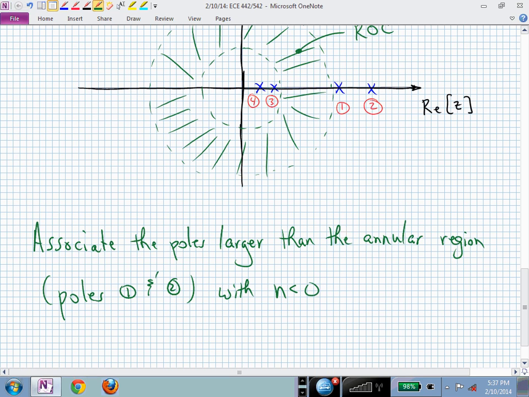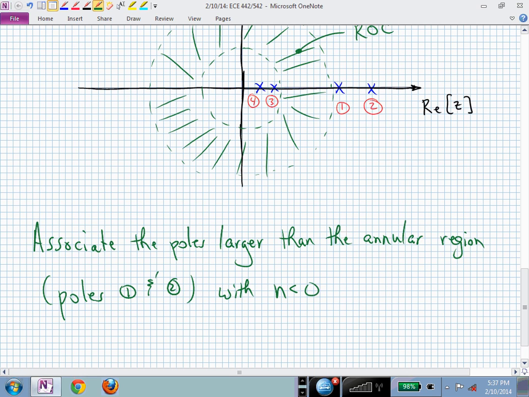Those then, if we have a mode associated with pole number 1 and a mode associated with pole number 2, those modes are raised to the nth power, and n now is negative. That's what I'm meaning by that in the generic structure.